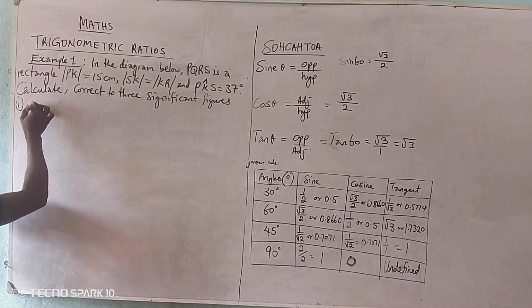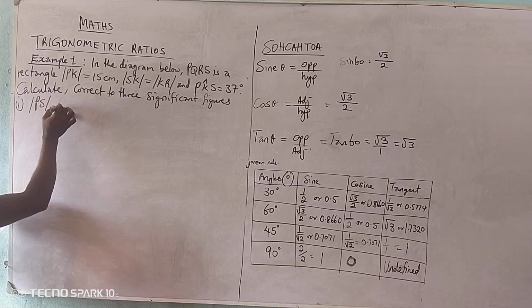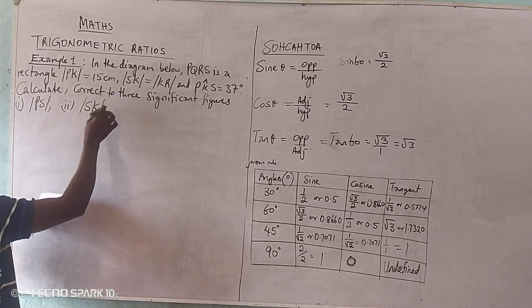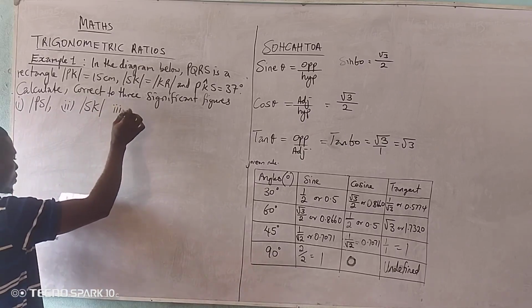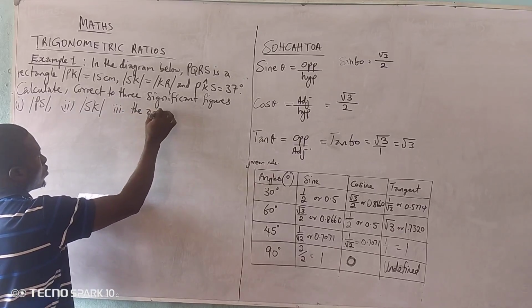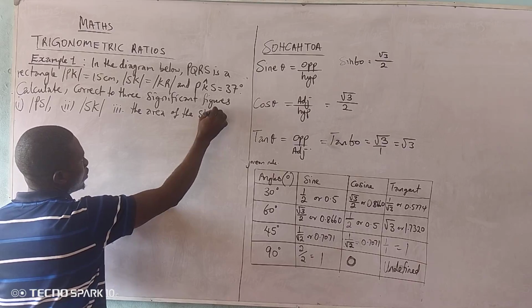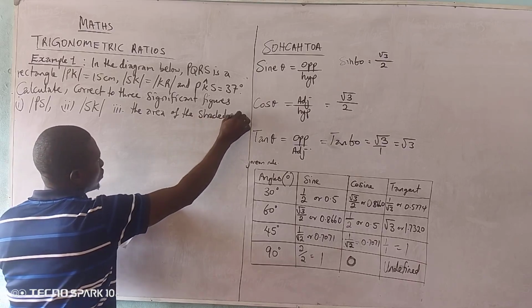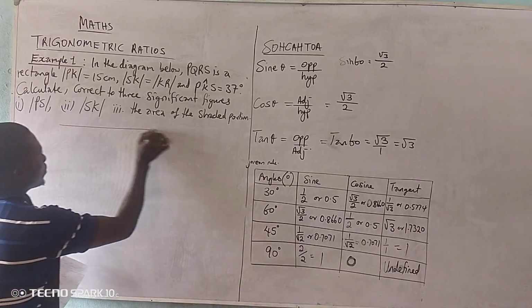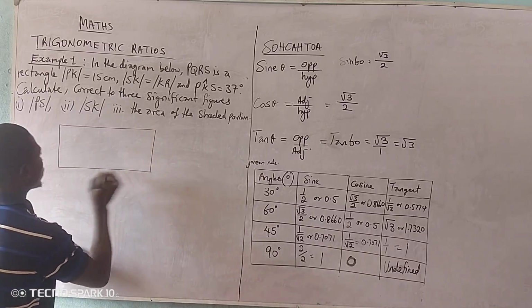(i) line PS, (ii) line SK, and (iii) the area of the shaded portion. So let me draw the rectangle according to the question given to us.